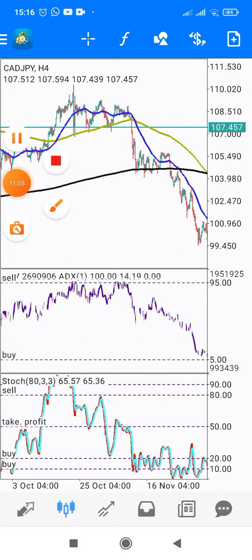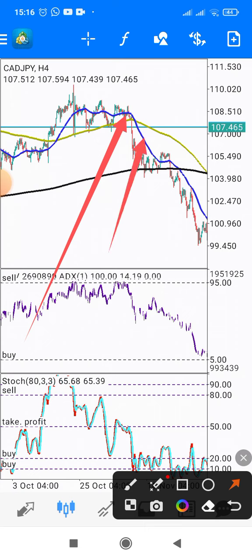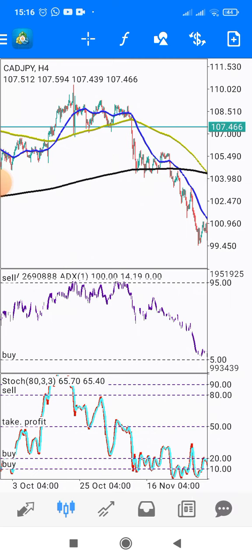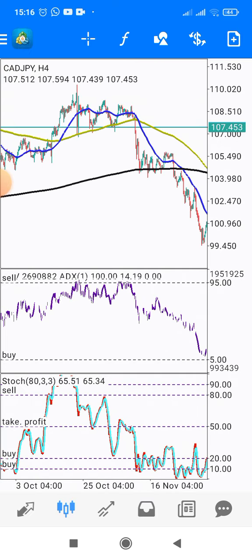So let us see. At first we see the 50 moving average crossing over the 200 moving average, which is yellow. Then both of them cross over the 800 exponential moving average. This tells us the market is descending.